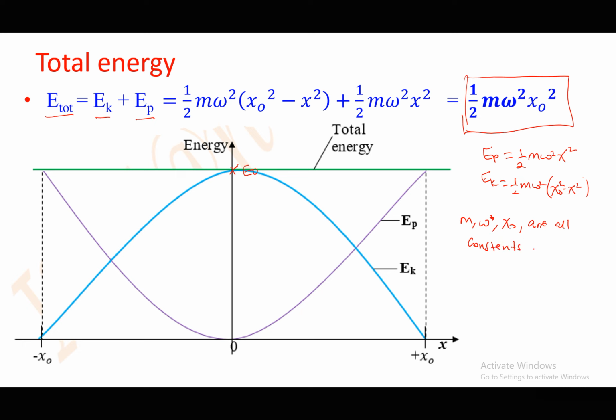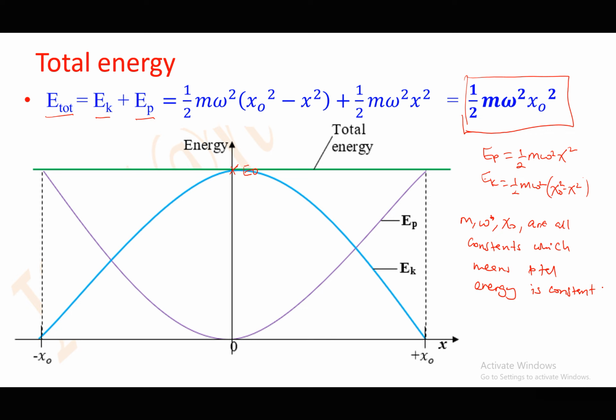These are all constants, which means total energy is a constant. Because all of those quantities are constants, total energy is going to remain a constant. Therefore, it's not by coincidence that it is a constant. The law of conservation of energy has not been violated.